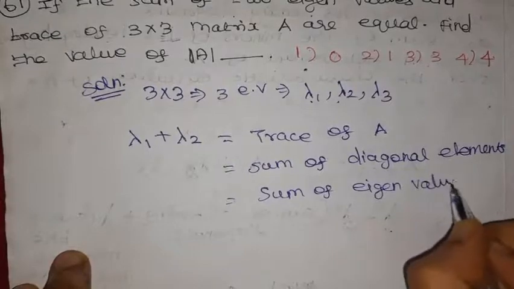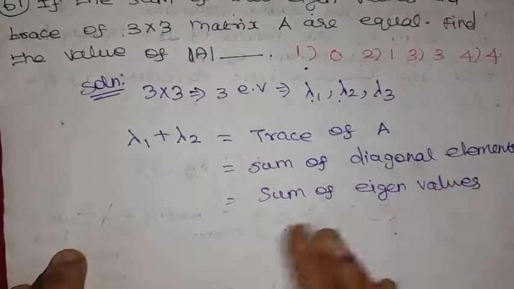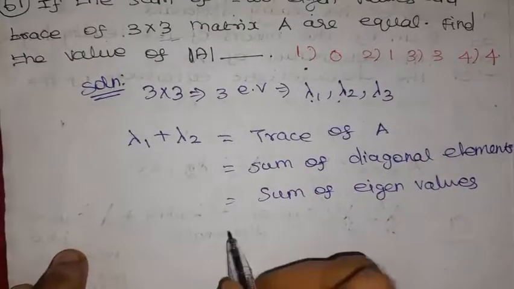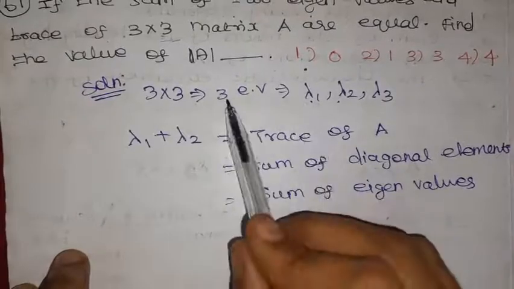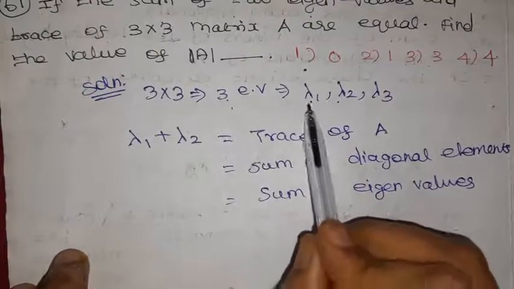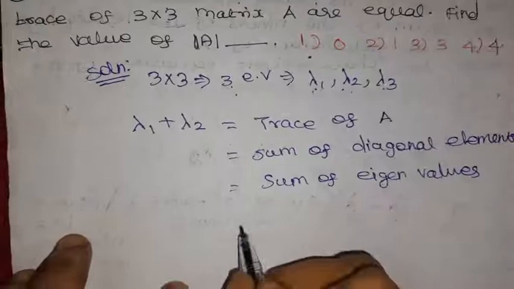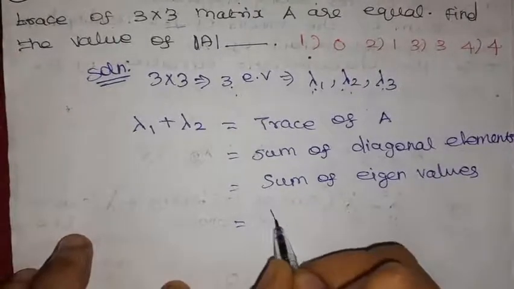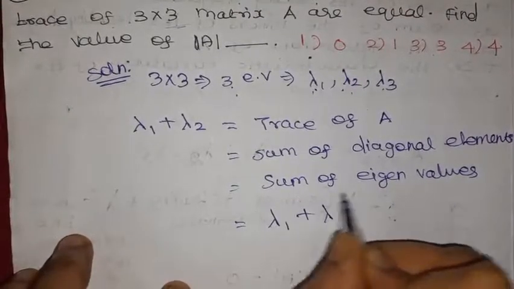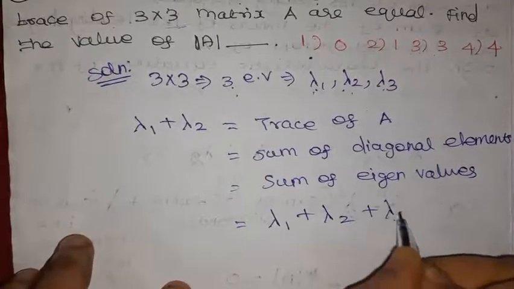It has 3 eigenvalues, so trace of A is lambda 1 plus lambda 2 plus lambda 3.